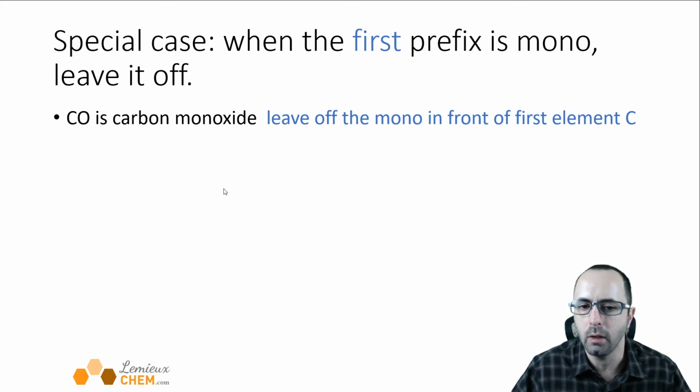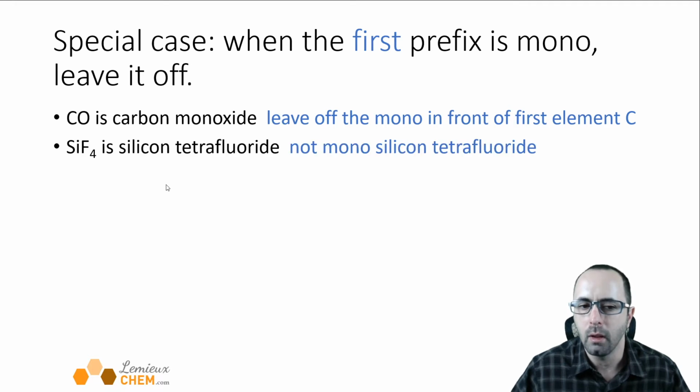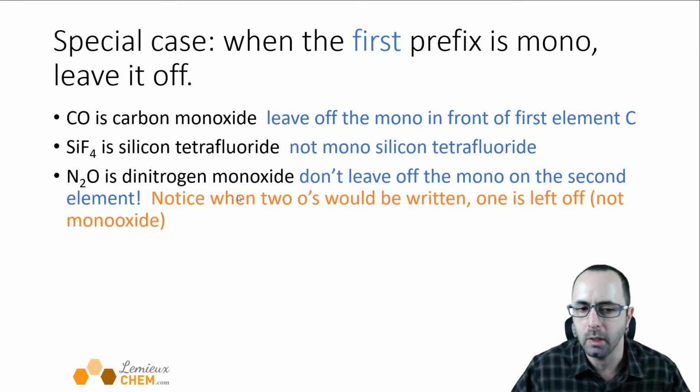So no mono here, it was left off. Here, silicon tetrafluoride, not monosilicon, because we don't put mono in front of the first element. And finally, dinitrogen monoxide. Notice we didn't say monooxide. We don't use the double O's with oxide. So that's a special case.